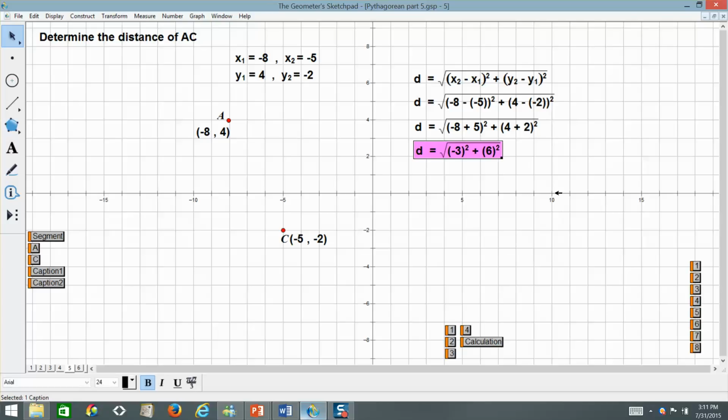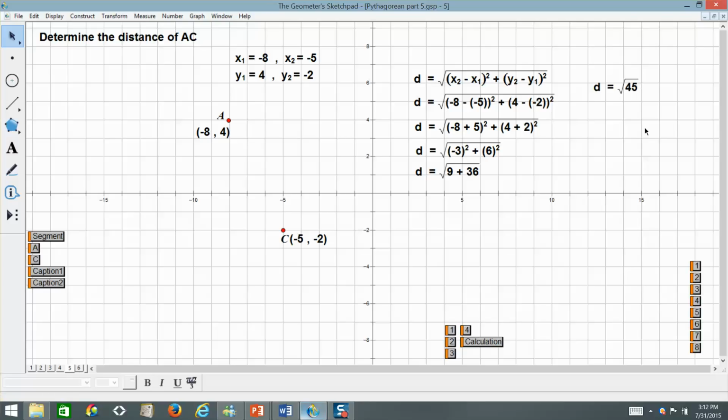Next, negative 8 plus 5 is equal to negative 3, and then 4 plus 2 is equal to 6. And then here negative 3 squared is equal to 9, while 6 squared is equal to 36. 9 plus 36 is equal to, yes, the square root of 45, and it is not a perfect square root.